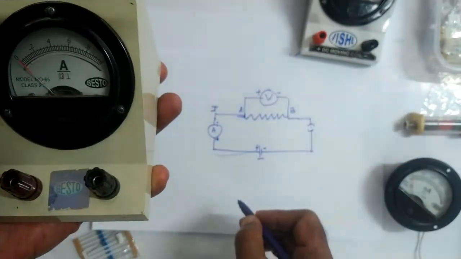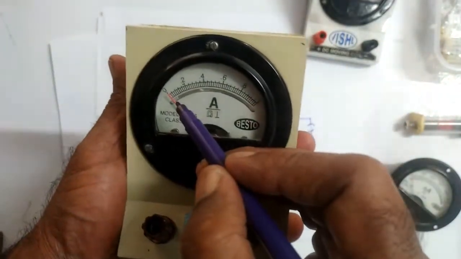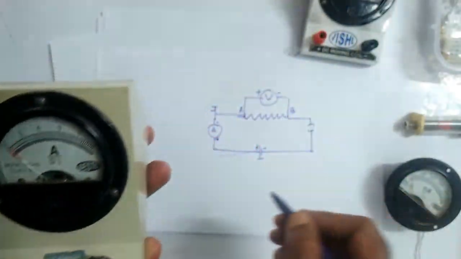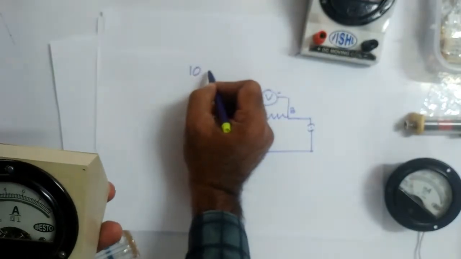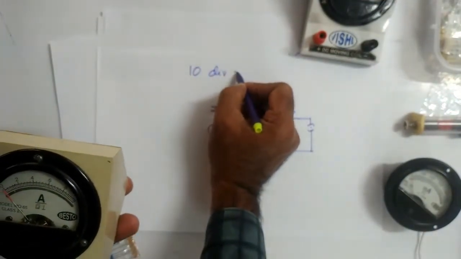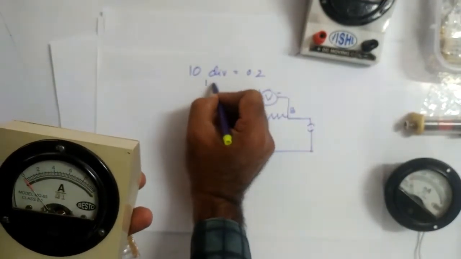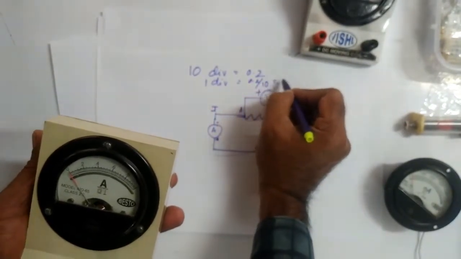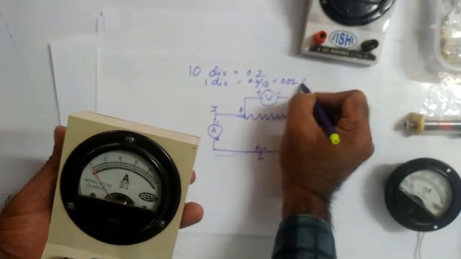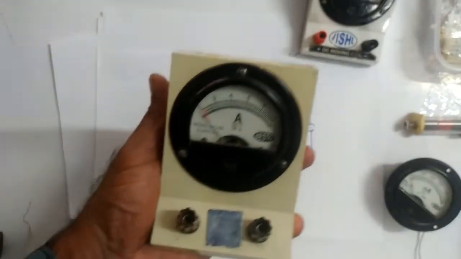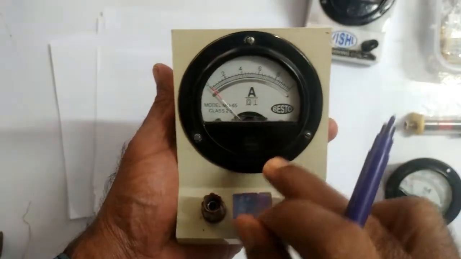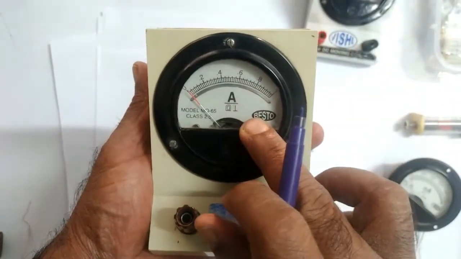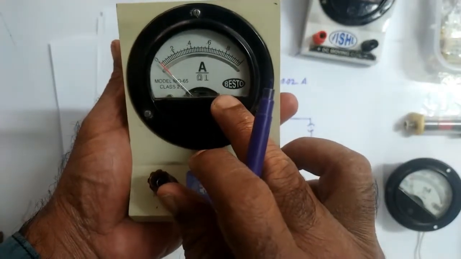So between 0 and 0.2 we have 10 small divisions. Let me write 10 divisions is equal to 0.2, and therefore 1 division is equal to 0.2 by 10, which is 0.02 ampere. Right? So 0.02 ampere is the least count of this ammeter.